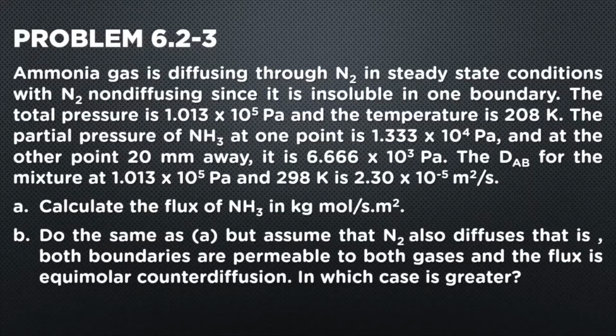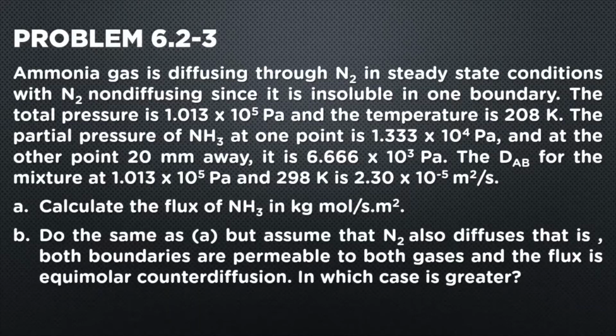The partial pressure of ammonia at one point is 1.33 times 10 raised to the power 4 Pascal and at the other point 20 millimeters away, it is 6.666 times 10 raised to the power 3 Pascals. The diffusivity coefficient for A diffusing into B for the mixture at 1.013 times 10 raised to the power 5 Pascal and 298 Kelvin is 2.30 times 10 raised to the power of negative 5 meters squared per second.